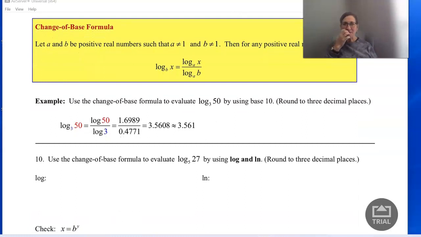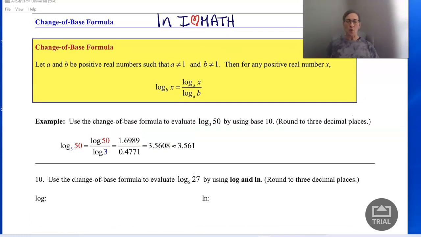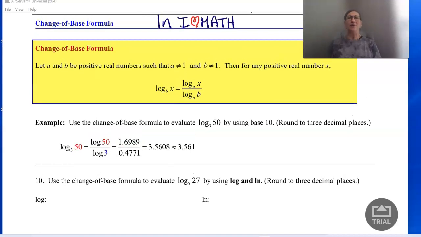let's look at the change of base formula. So recall that the log function on your calculator is just base 10, just like the natural log function on your calculator is log base e.